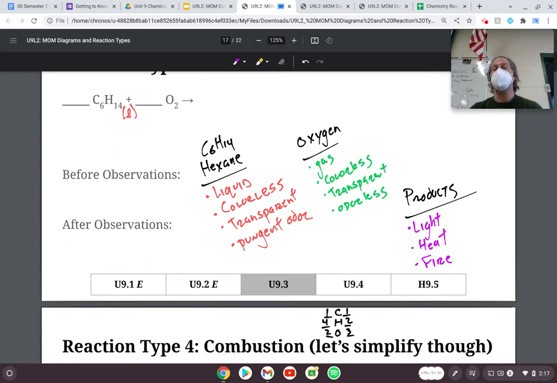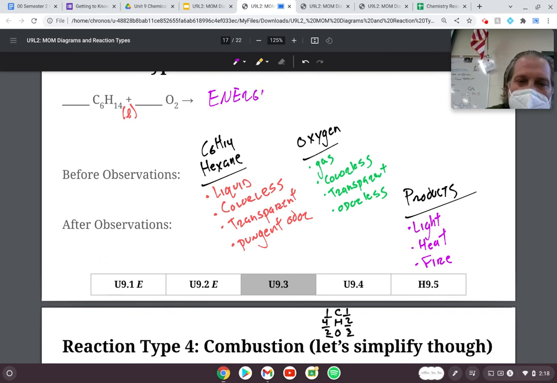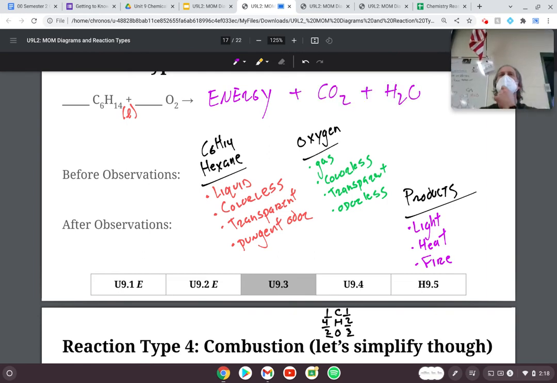So those things would all fall under the category of what word? Starts with an E. Energy, right? So in this reaction, we produce a bunch of energy, and we also produce carbon dioxide and water. Okay? So that's a thing.